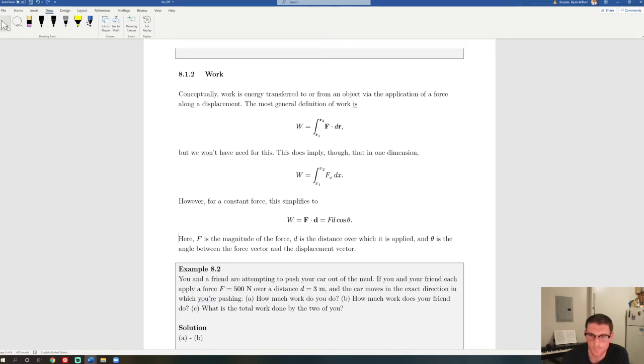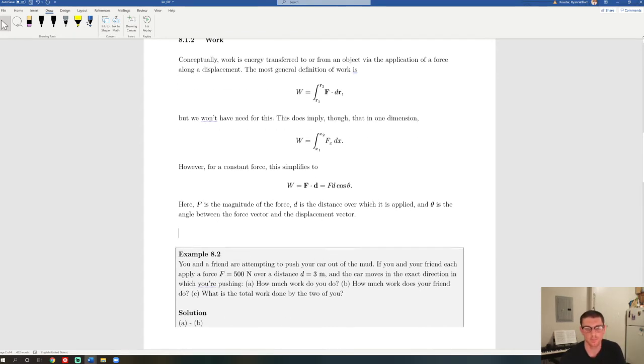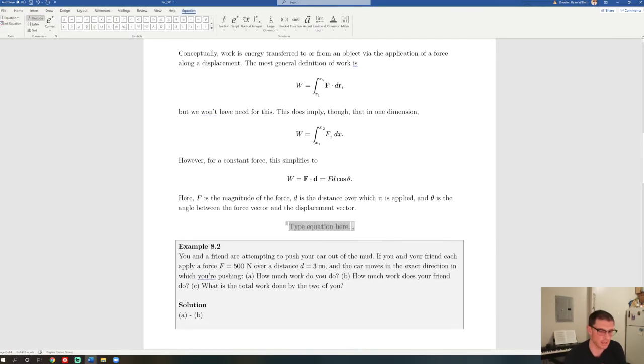Okay. All right. So I want to, of course, talk about the dimensions of work, right? So let me write this down. I'm going to say the dimensions of work are equivalent to the dimensions of a force times a displacement. Now, remember that a force is a mass times an acceleration, right?